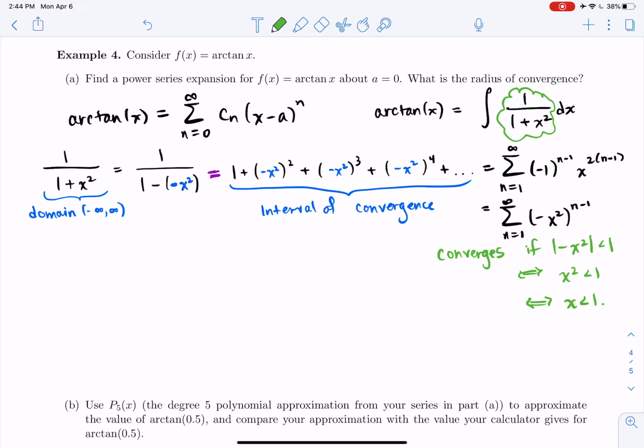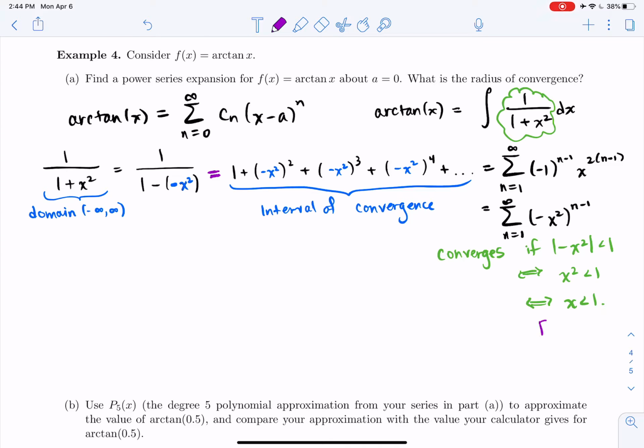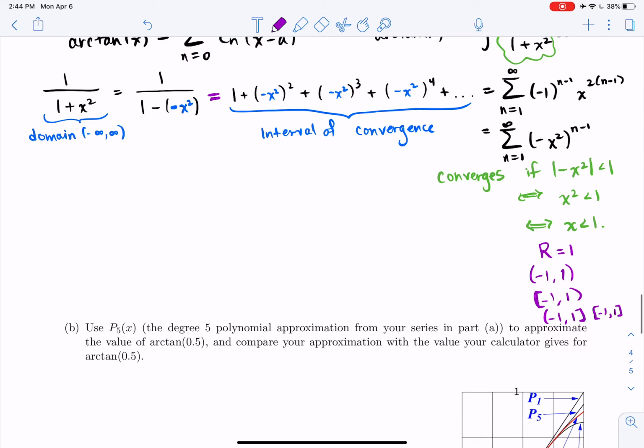I will let you discuss this, but the radius of convergence is 1, and it's possible that we have any one of these 4 options for the actual interval of convergence, and I'll let you explore which one of these 4 intervals is the interval of convergence. But the point is that it's strictly smaller than the domain of the original function.